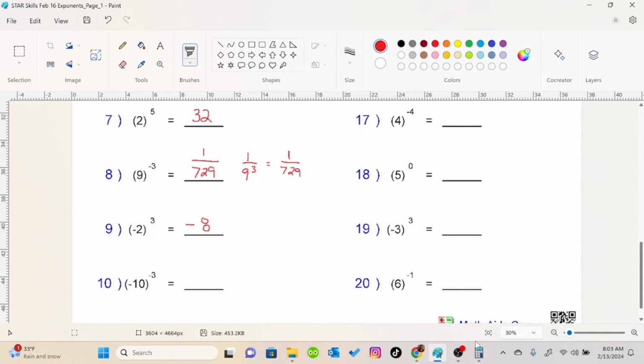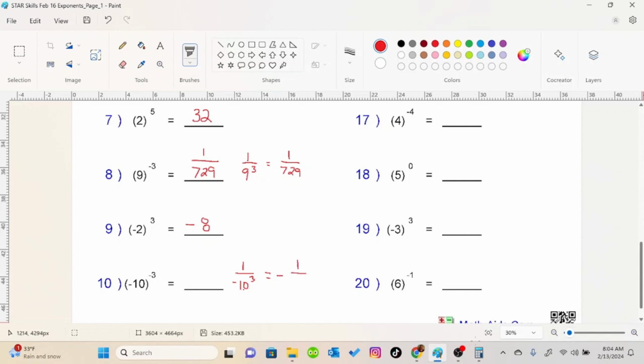Number 10. We have negative 10 to the negative 3 power. Remember that a negative exponent means 1 over. Now we know that a negative to an odd power is going to be a negative.